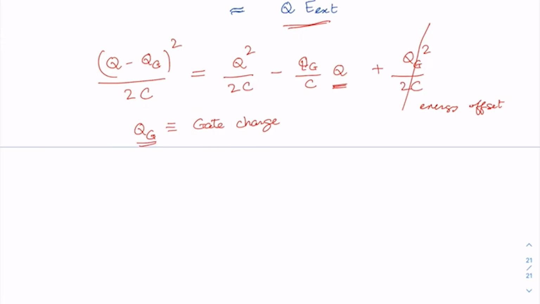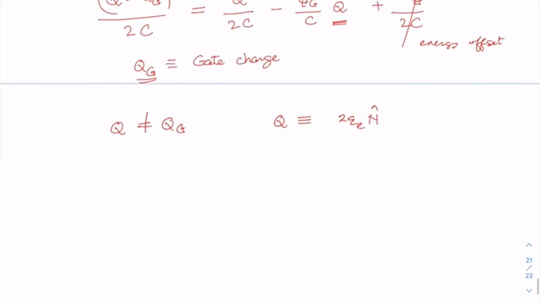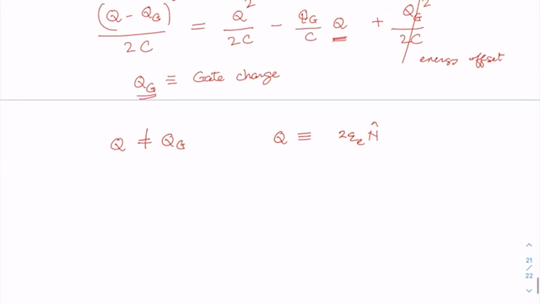By the way, in general it is not possible to have Q equal to Qg, because the charge Q belonging to the Cooper pair box is quantized, as you know, and it's an operator. But Q almost equal to Qg is a possibility.